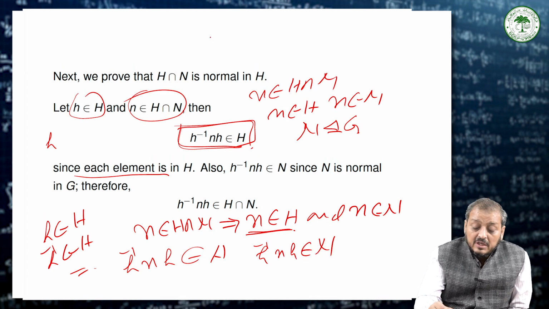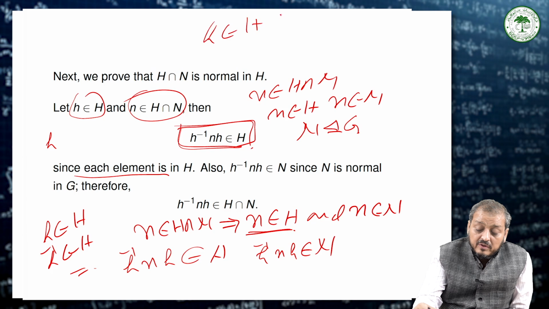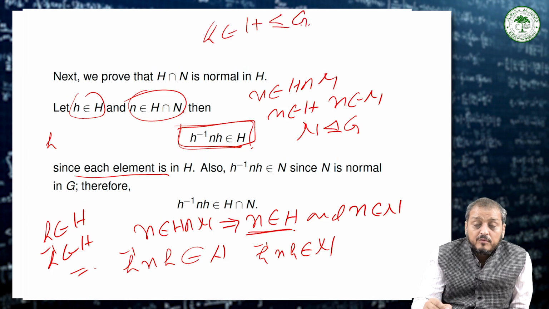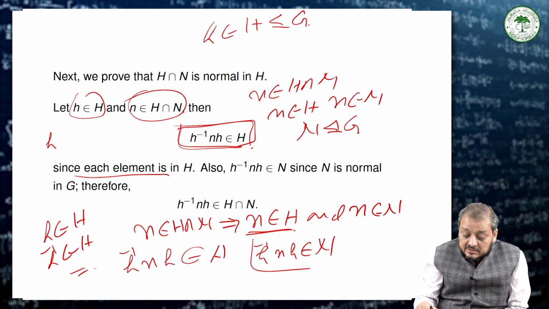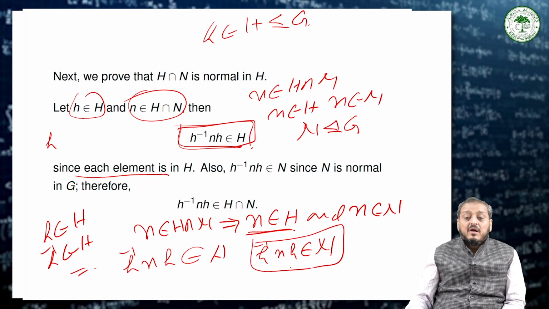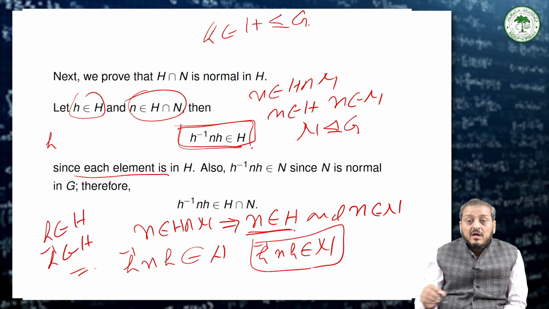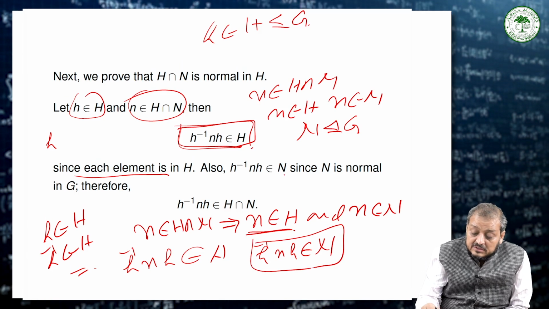Clearly H is a subgroup of G. So we can say that h inverse n h is an element of N, since N is normal.